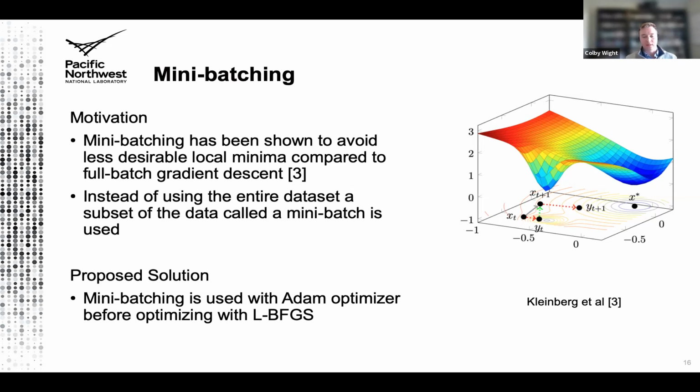Instead of taking all of the data and calculating the gradient there, you take a subset of the data and go in that direction. So this was another technique we proposed to help find optimal solutions. When we were first running the Adam optimizer, we would do this in mini batches before using the LBFGS optimizer.